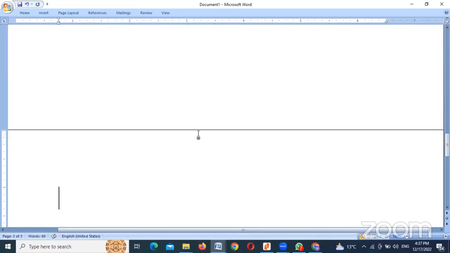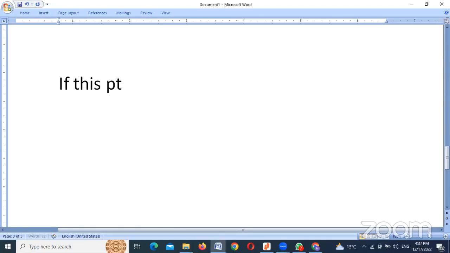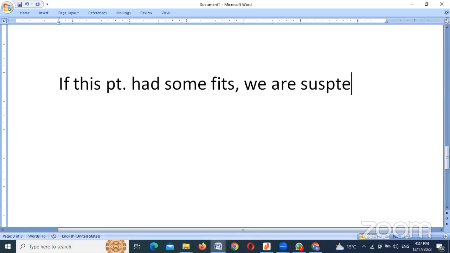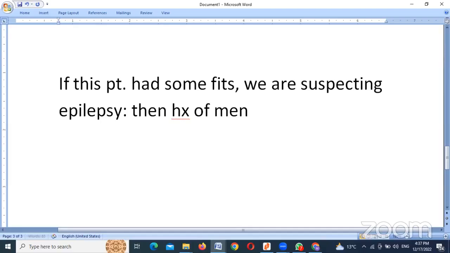If this patient had some fits and we are suspecting epilepsy, then a history of meningitis plus father's epilepsy, these are important.